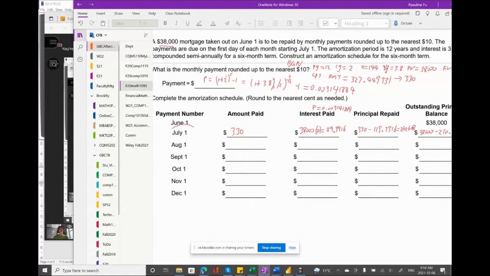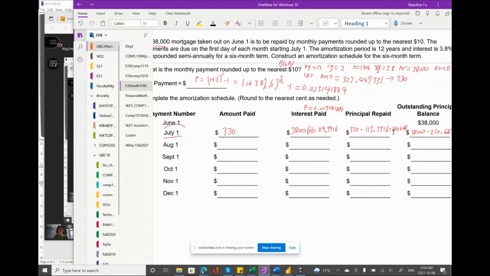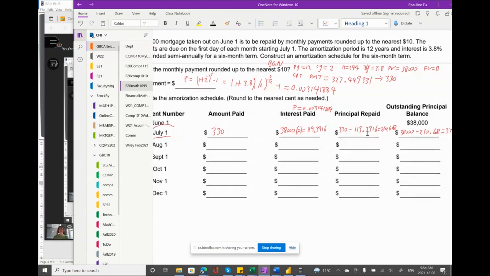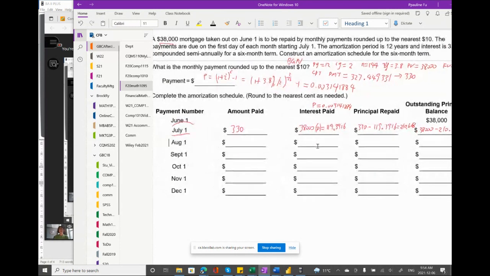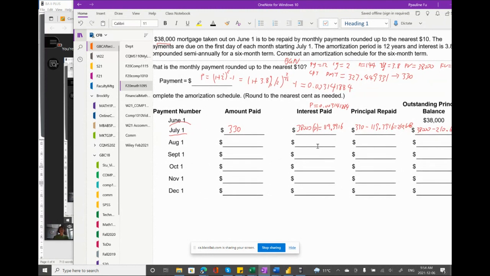The payments are due on the first day of each month starting July 1st. The amortization period is 12 years, and interest is 3.8% compounded semi-annually for 6 months. Construct an amortization schedule for the 6 month term.